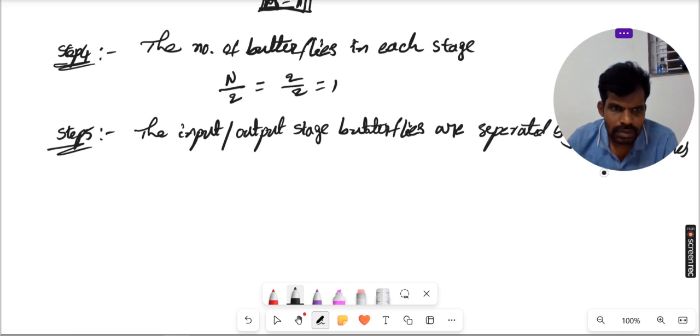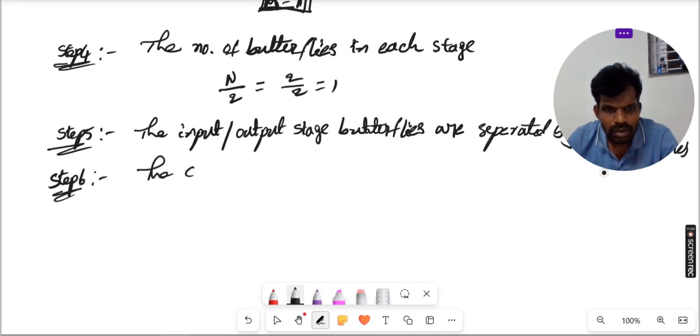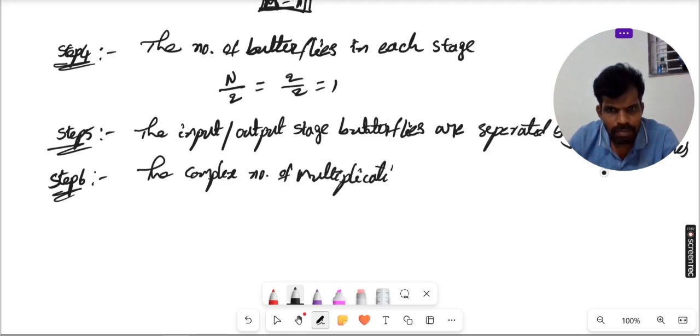Next, step 6. Here the step 6 is the complex number of multiplications.